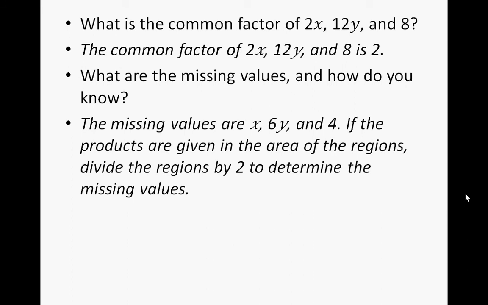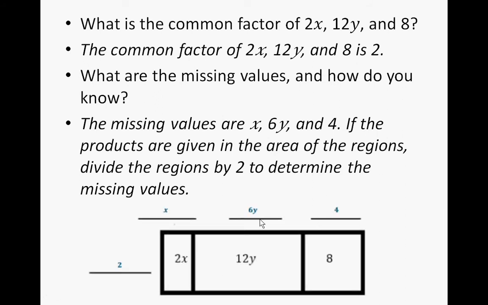If the products are given in the area of regions, divide the regions by 2 to determine the missing values. So, since it is double x and double 6y and double 4, our factor is 2, so that 2 times x is 2x, 2 times 6y is 12y, and 2 times 4 is 8.